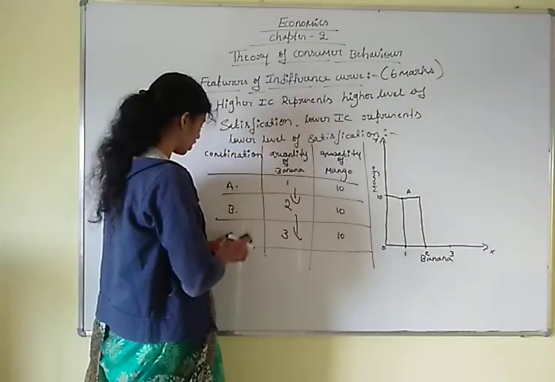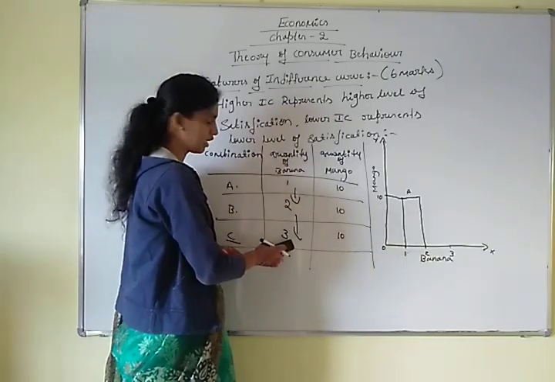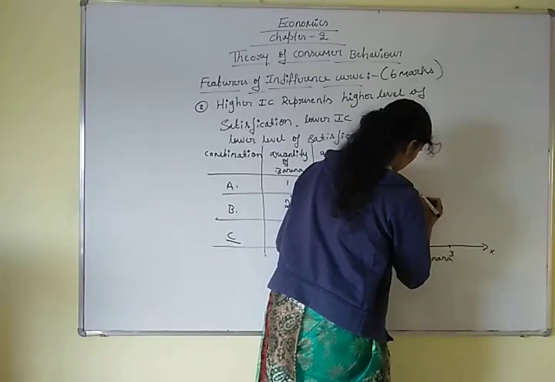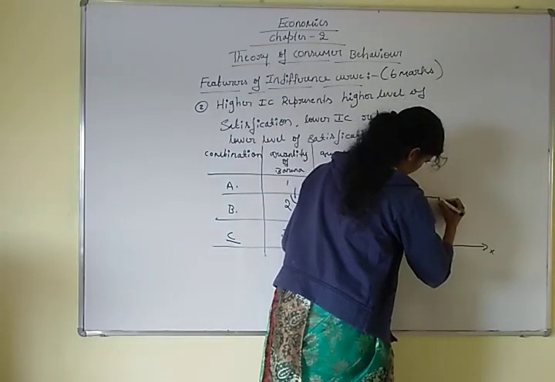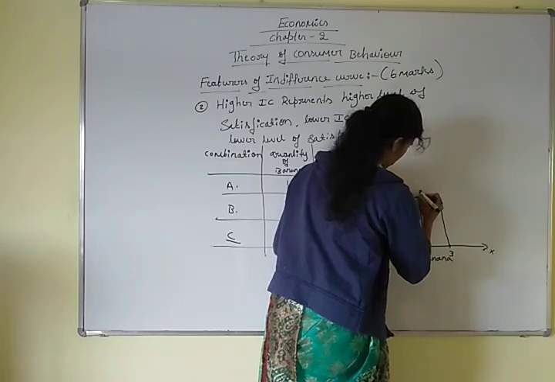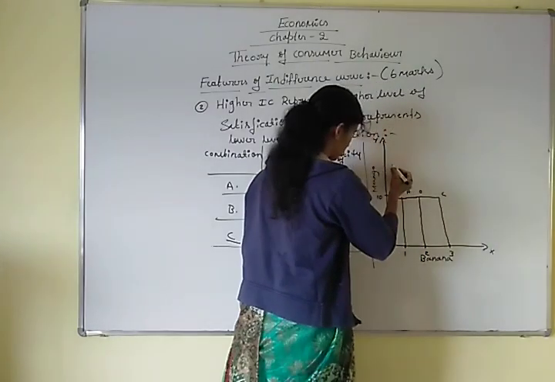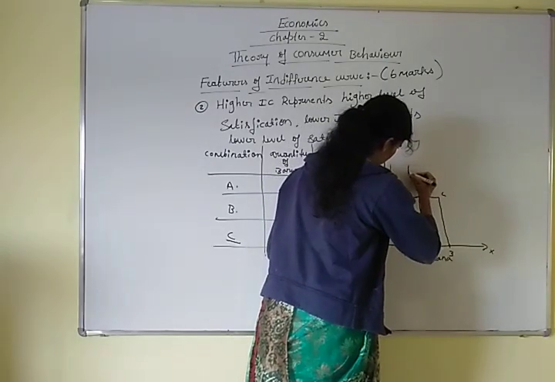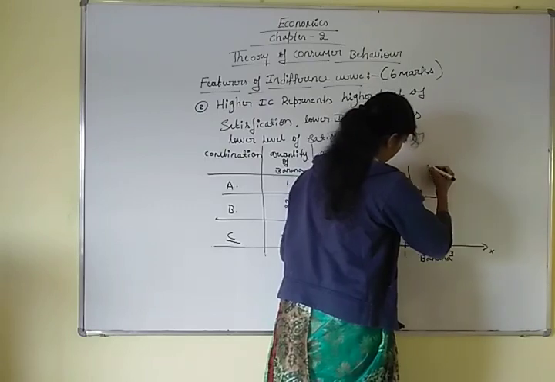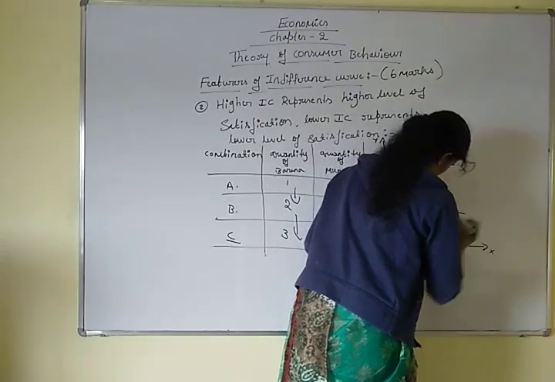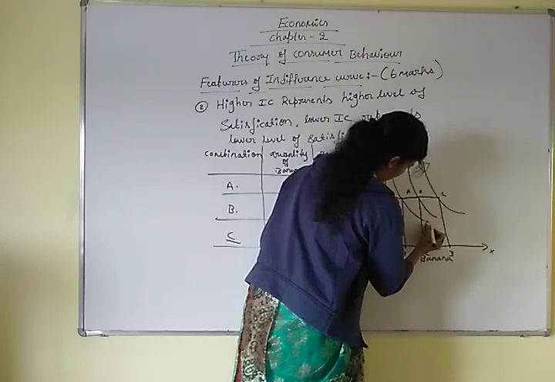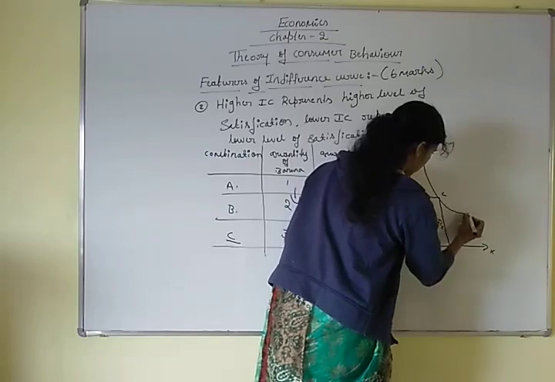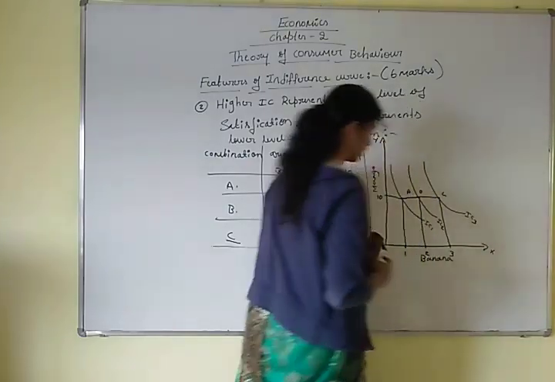In the combination C, quantity of banana is 3, quantity of mango 10. So banana 3. So it is combination B, it is combination C. First one, IC1. In the combination A, IC1. Combination B, IC2. Combination C, IC3.